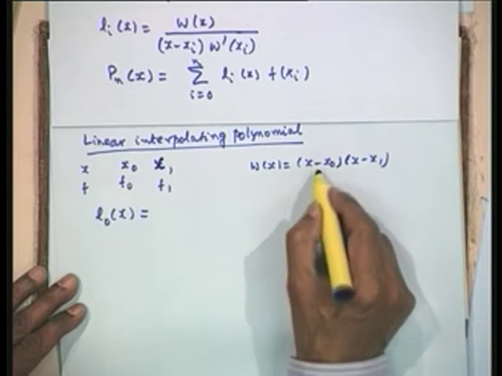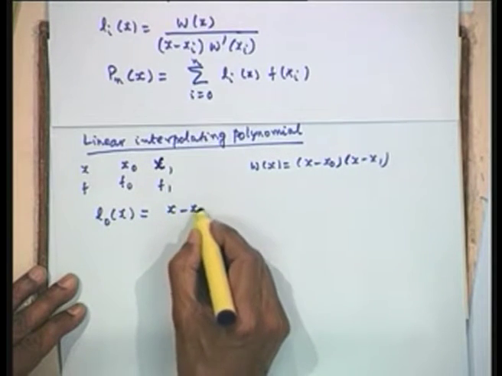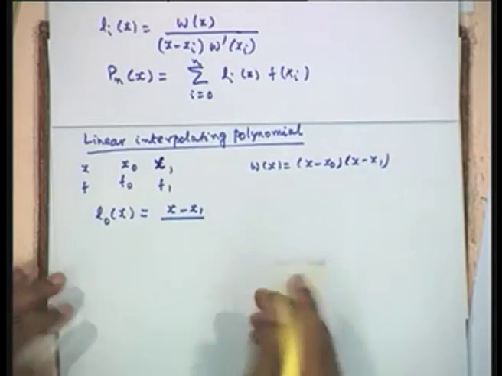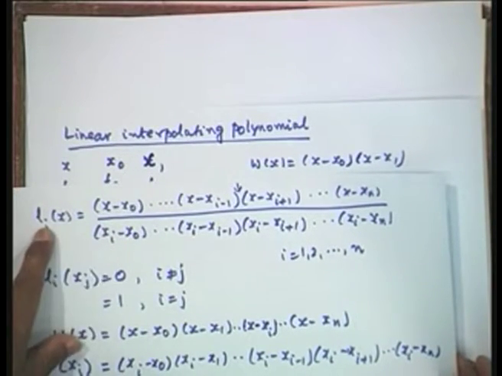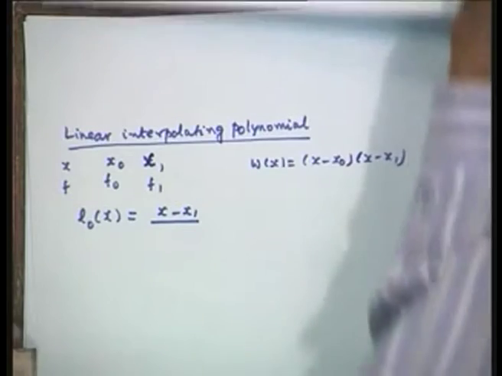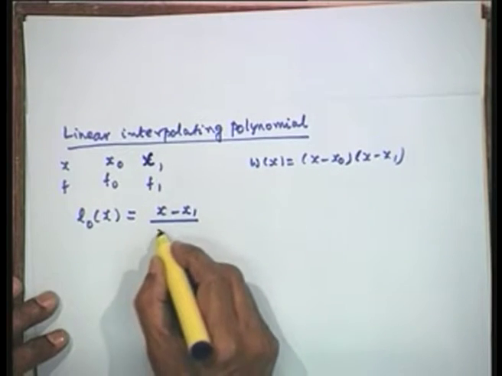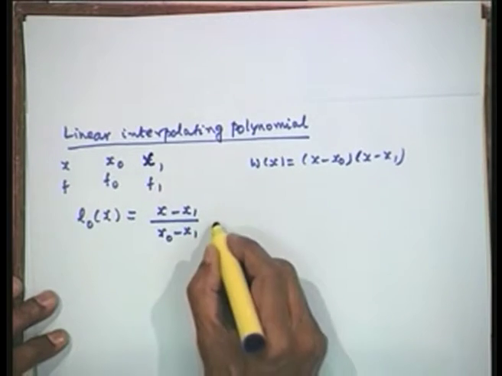So, I must skip x minus x0. So, I will have x minus x1. And what is the denominator? The denominator is the numerator evaluated at xi, that is the point with this suffix. So, I will have to evaluate this numerator at x0, that is x0 minus x1.